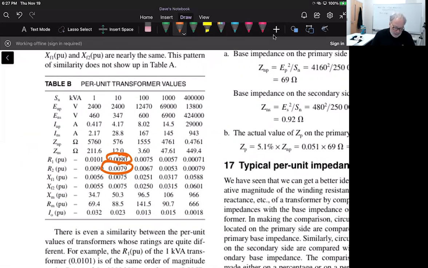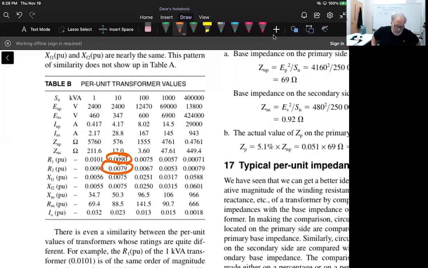R1 and R2 per units are pure numbers. They have no units, being a ratio of two quantities. So circuit elements on the primary side are always compared with nominal load impedance on the primary side. Similarly, circuit elements on the secondary side are compared with nominal load impedance on the secondary side.